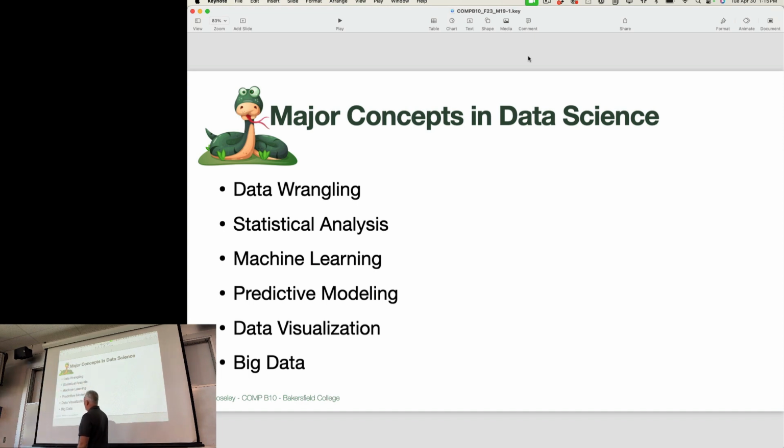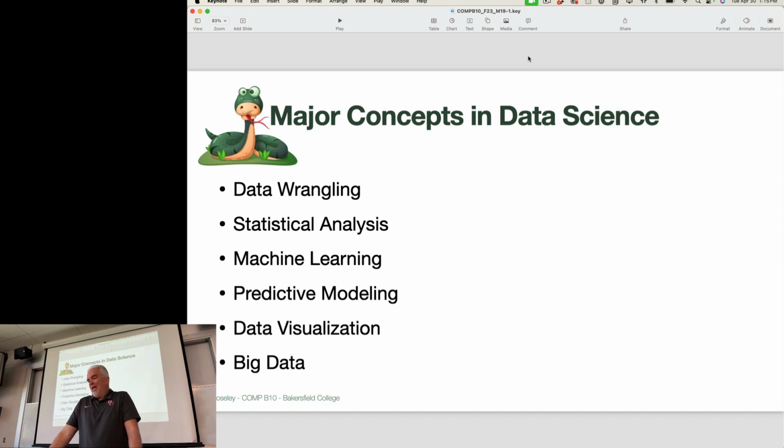And then the last idea, you're going to hear this a lot, is big data. Big data is simply referring to the large quantities of data that we are producing and ingesting. Our world is producing so much data we don't even know what to do with it.